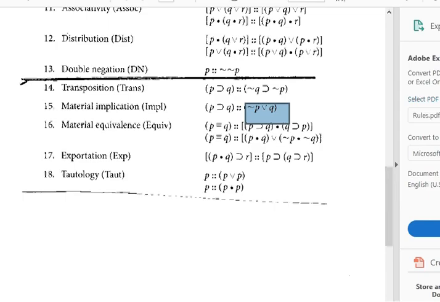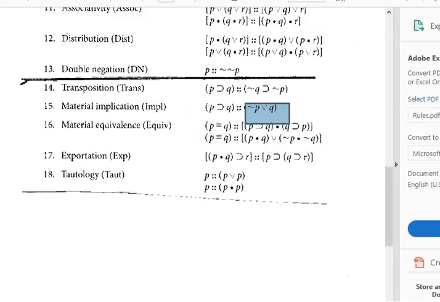Let me copy and paste the horseshoe. It loses the tilde, and then we switched the operators to a horseshoe. And so we're basically going to have if U then P, right? So all I've done there is, our P is our Q, right?